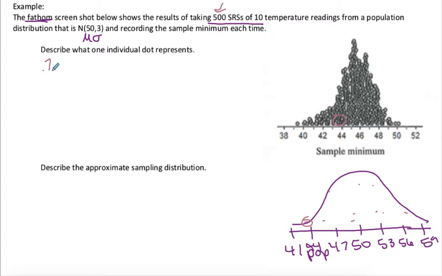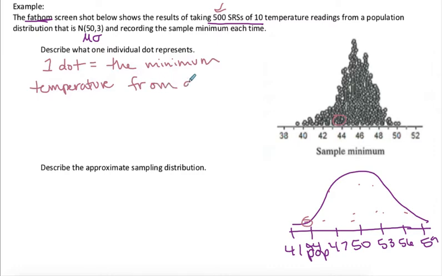And so one dot is going to be the minimum temperature from a sample of 10 temperatures.